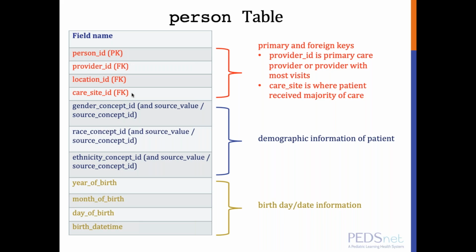You're always going to see 8507 or 8527 because those are the concept IDs that correspond to the standard way we represent gender and so on. So as you think about writing queries here, everything you do is going to include these concept IDs.